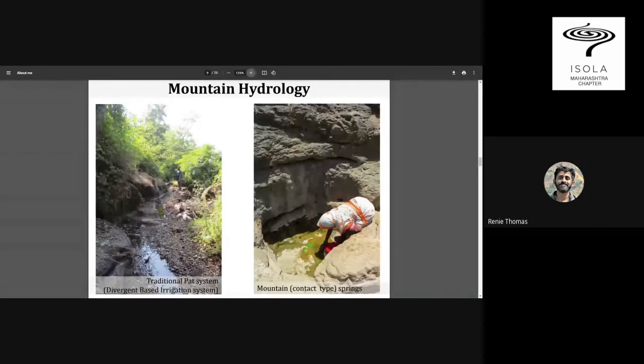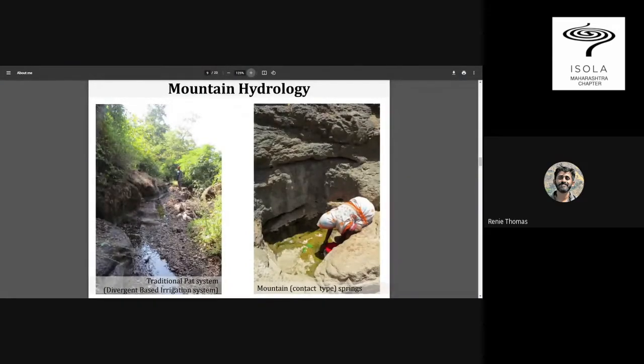If you see, there are different aspects which we are also losing. In the Western Ghats, there are traditional diversion-based irrigation systems which have existed for many hundreds of years. These irrigation systems are basically a diversion along the slopes, they run down, and they have two purposes. One, to irrigate the land below, and also on the way, they recharge different flow units as they move.